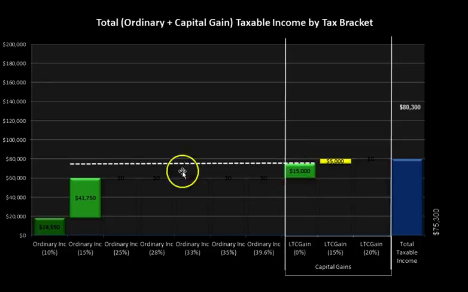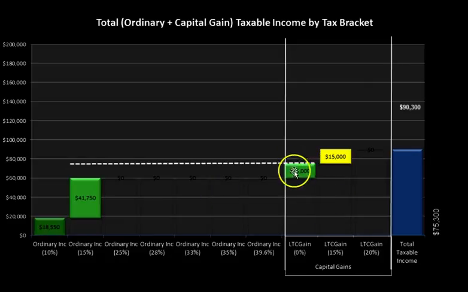But after that, they have now crossed up and over and out of the 15% ordinary income tax bracket. And they are now into the 25% bracket. And therefore, that additional capital gain is taxed at 15%. And if they were to take more gain, it would be taxed, again, at the 15% rate.